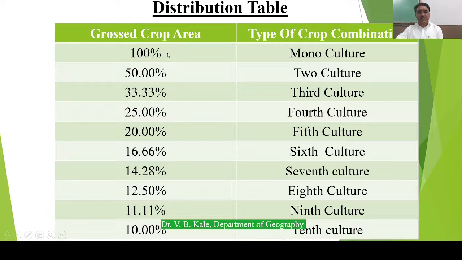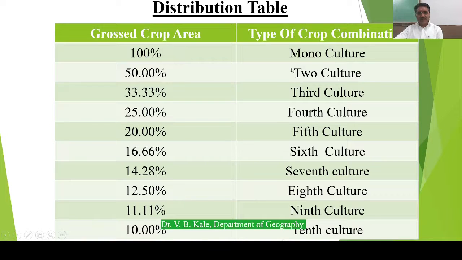But if we can grow two crops as like vegetables and sugarcane, then that is a two culture combination, and which occupies 50% each, 50% of vegetable and 50% of sugarcane. This is called as two culture crop combination.